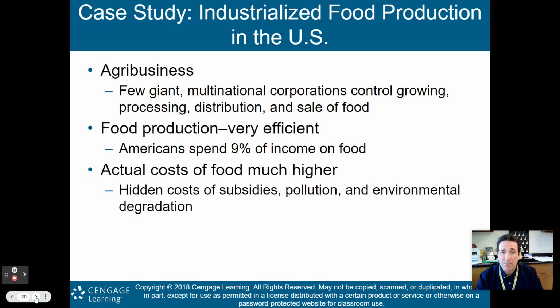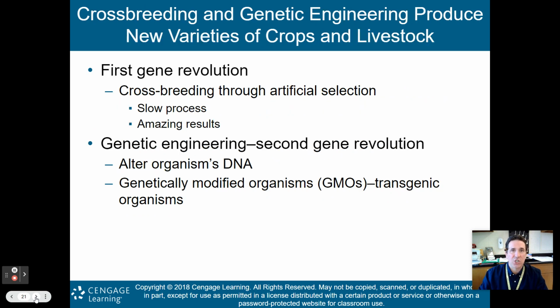Americans spend about 9% of their income on food. The actual costs of food, however, are much higher, with the hidden costs of subsidies, pollution, and environmental degradation. We're not putting that full cost pricing into our food production like we talked about. And this is one of the reasons why mass food production is degrading our environment.